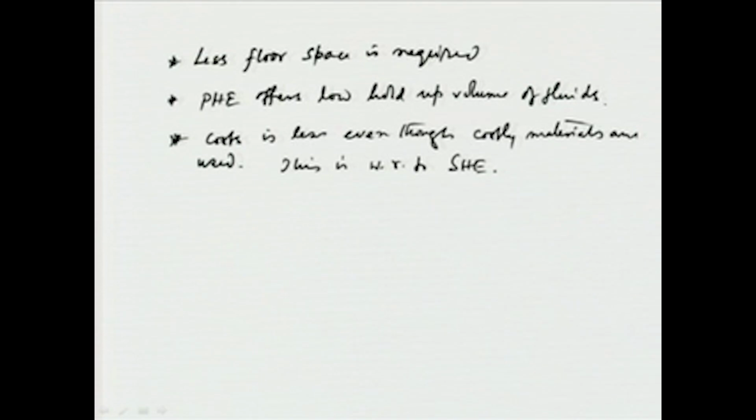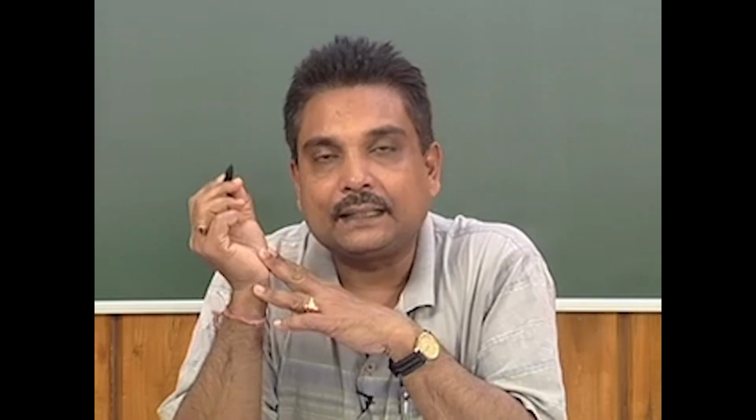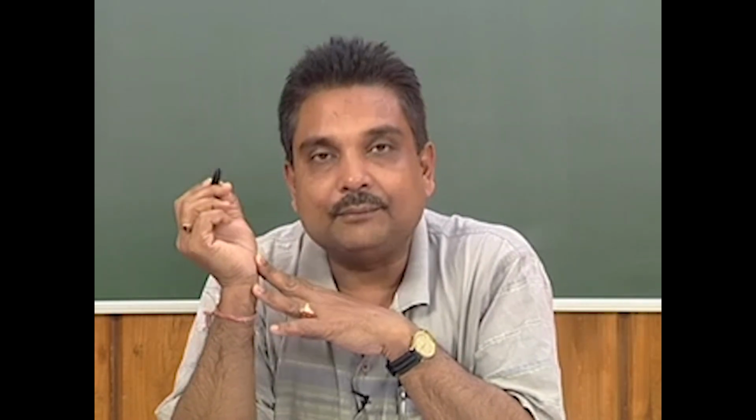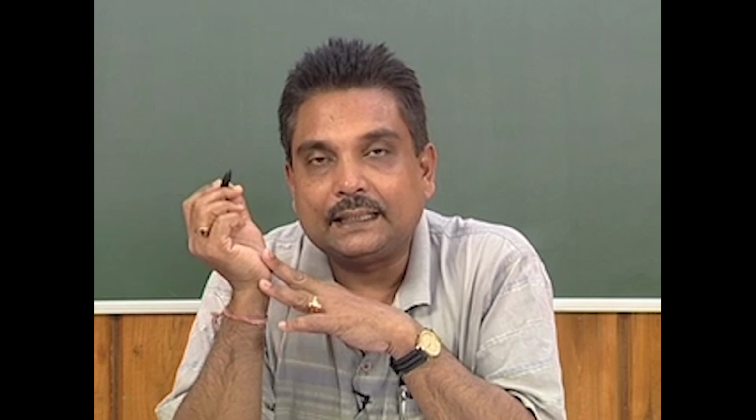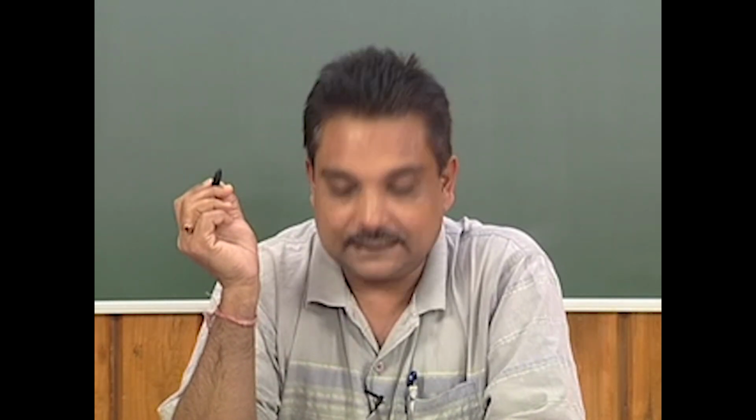So this is all about the plate type heat exchanger. We can understand that people are nowadays using plate type heat exchangers because of certain advantages, and we have seen the various advantages that it can have.